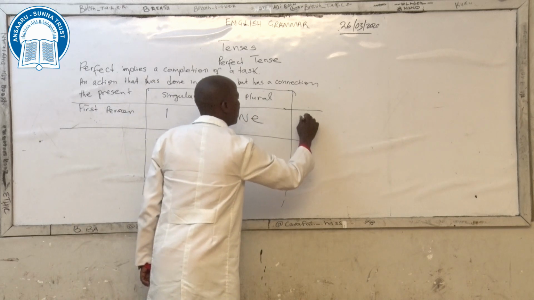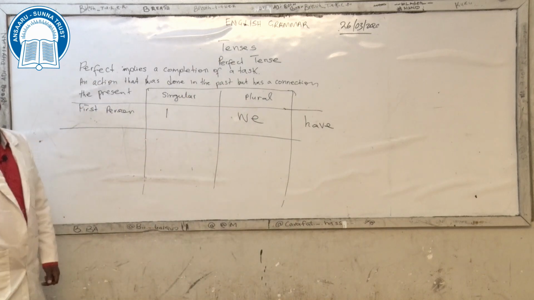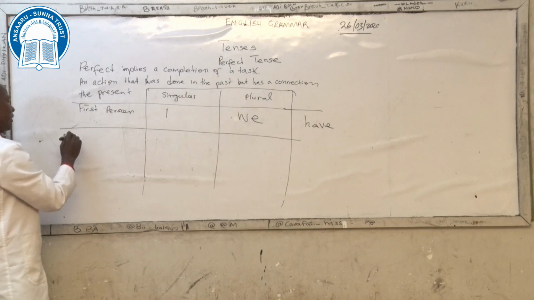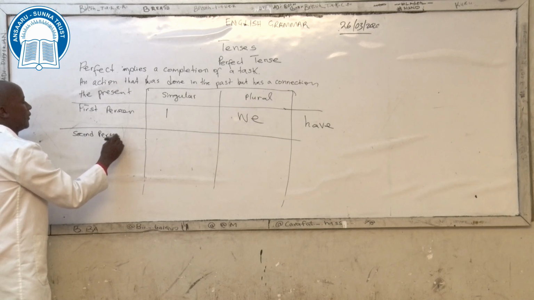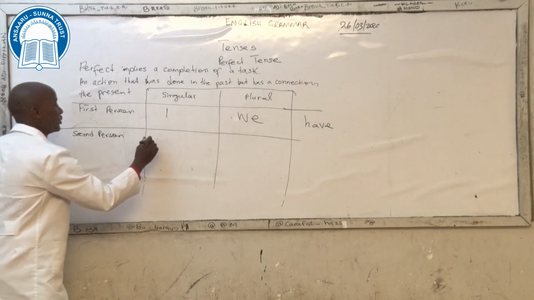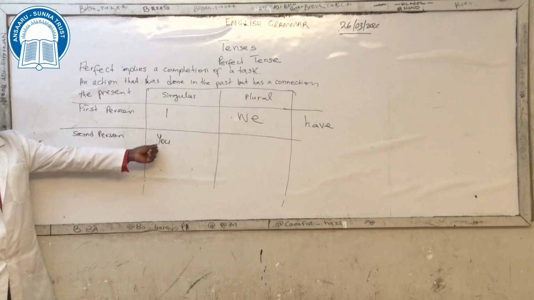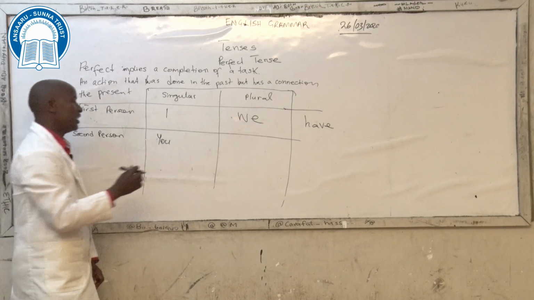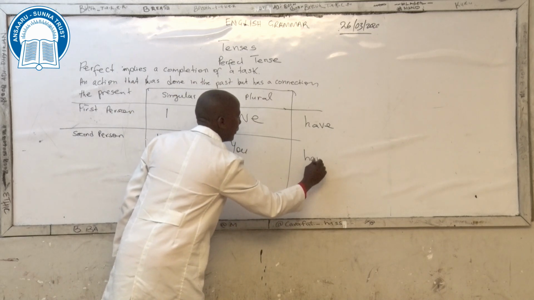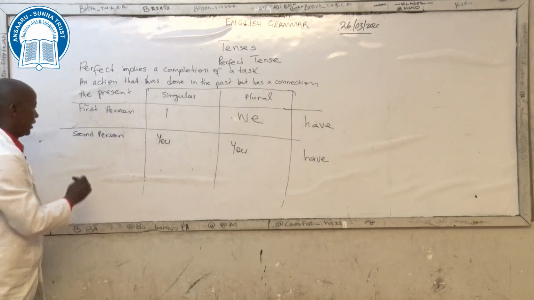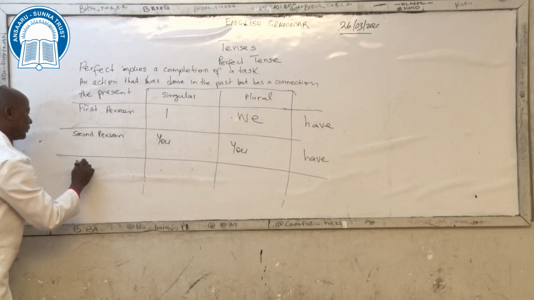The helping verb have. We have. I have. Second person here you. You in singular and you in plural. You have. And then we have the third person.